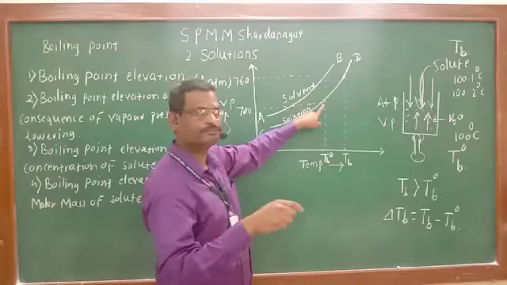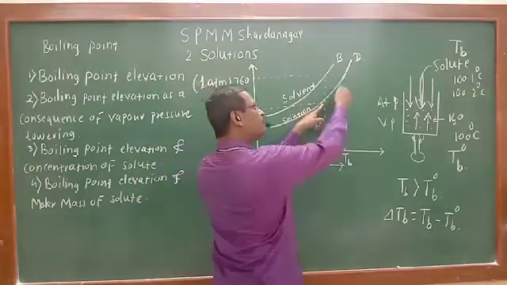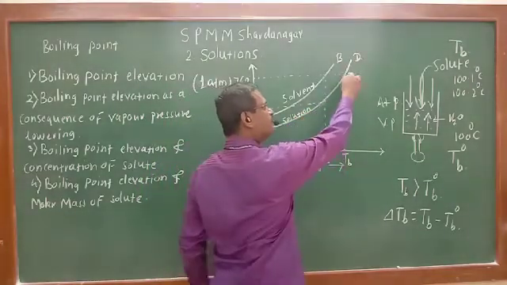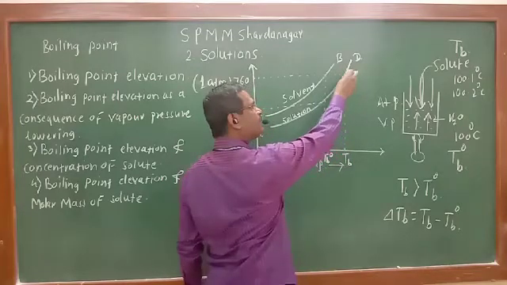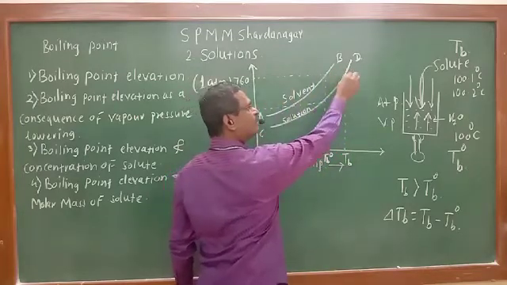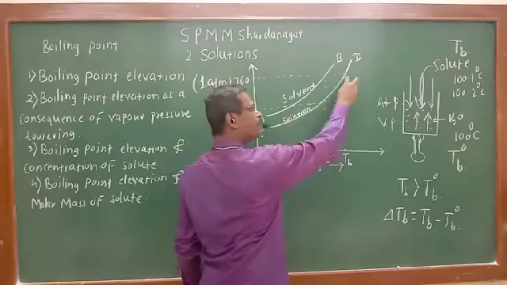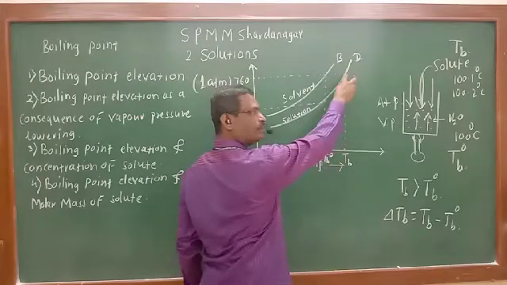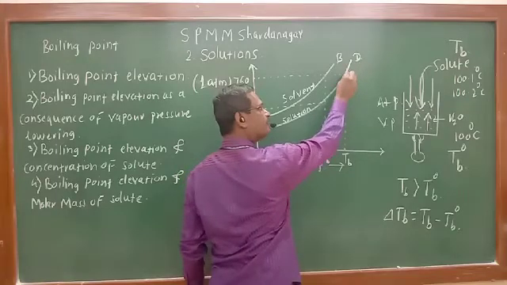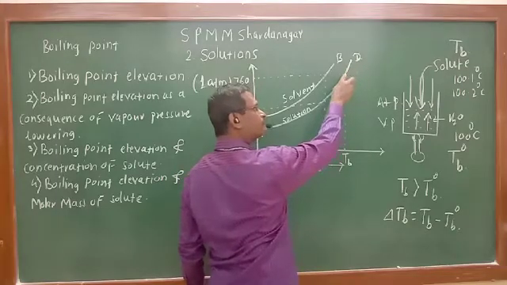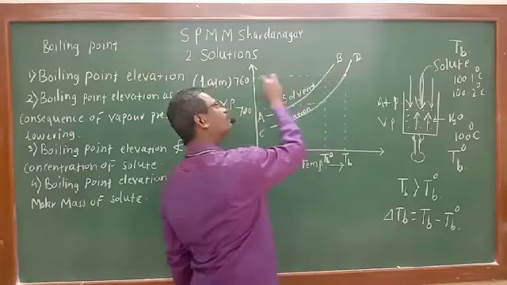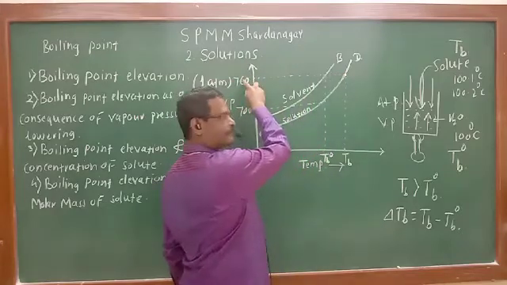But if we further extrapolate it to this position, at that time here also is 1 atmospheric pressure, and the vapor pressure of the liquid is over here. This is the point at which the vapor pressure of the solution is equal to the external atmospheric pressure.